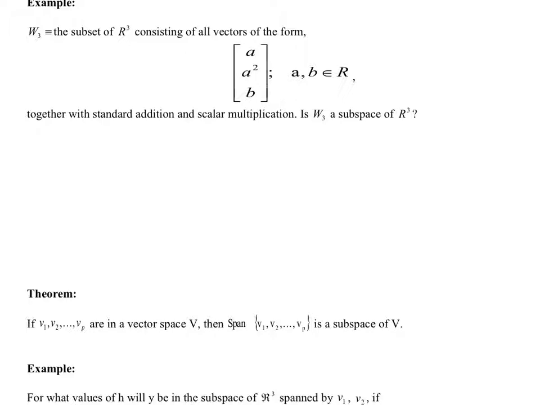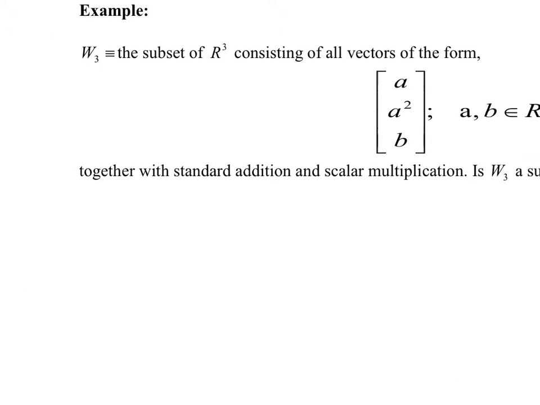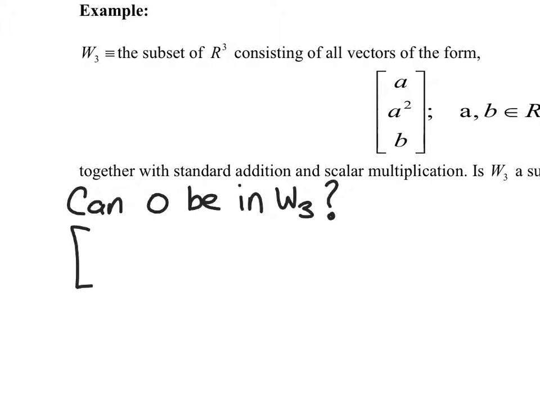First thing I would want to do is verify that the zero vector is a possibility. Can the zero vector be in W3? The way I would do that is just very simply taking my given vector and setting it equal to 0.